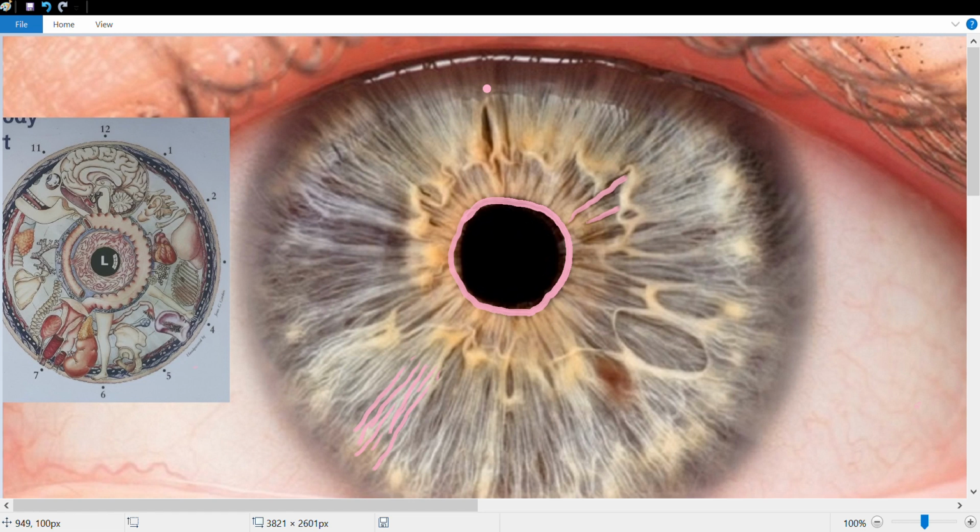So for this person, you can see that there's a bit of darkness right here in the center. Basically, the 12 o'clock line. And Bernard Jensen's chart would tell me that that is the animation life center.